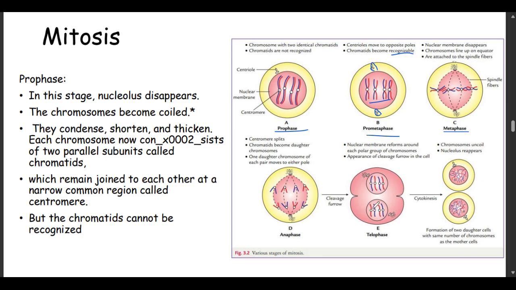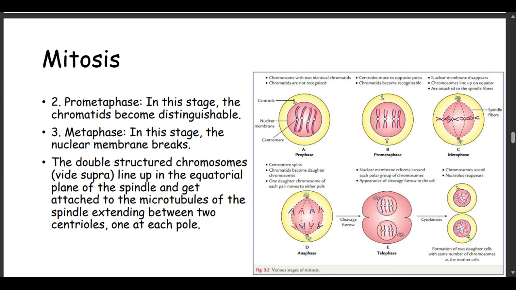Cytokinesis is where the cell membrane of the cell pinches in the middle, forming a cleavage furrow that then splits these two cells and forms individual daughter cells. Formation of two daughter cells with the same number of chromosomes as the mother cell. So the same number of chromosomes, same genetic material, same cell type, resulting from mitosis. Okay, that's basically what is happening here.